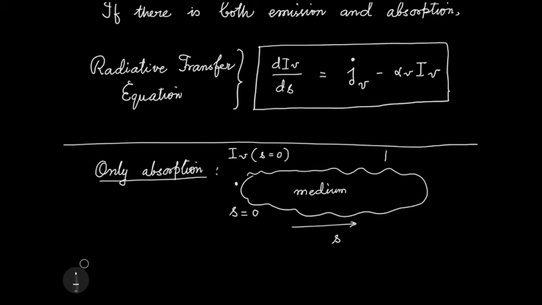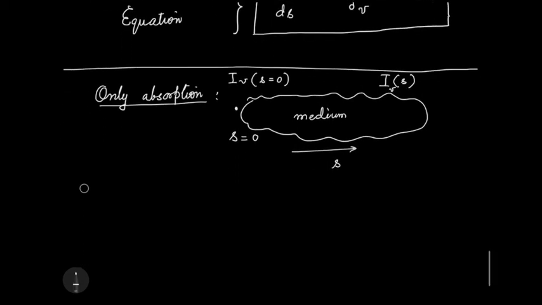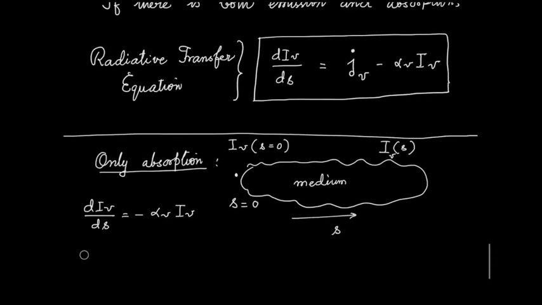So at this point it is I nu at s equals 0. And when I try to calculate at some s, that is I nu at that s. And I have only absorption. So my radiative transfer equation is dI nu ds is minus alpha nu I nu. Okay, so let's try to solve.